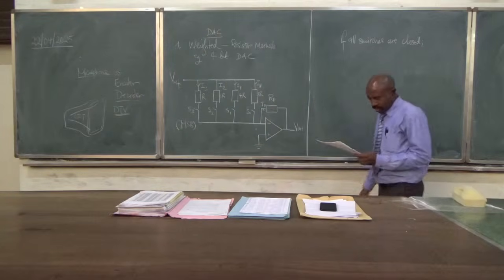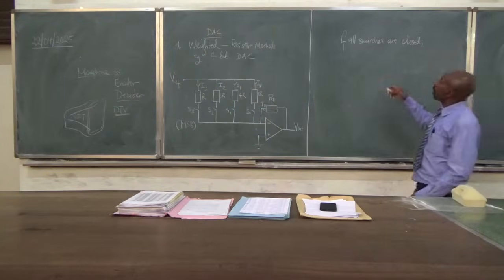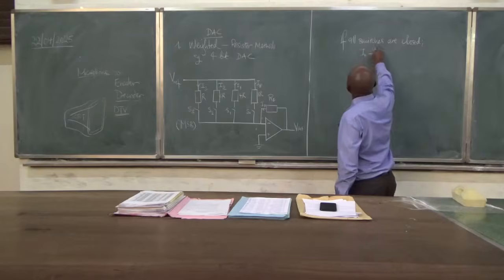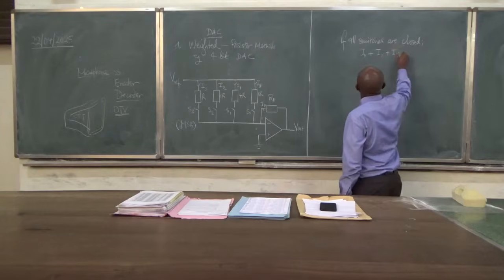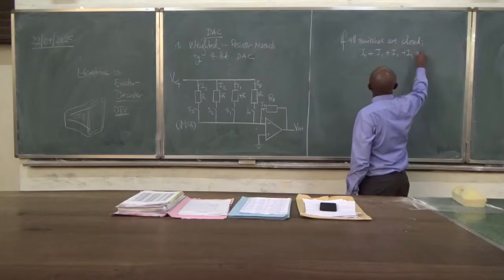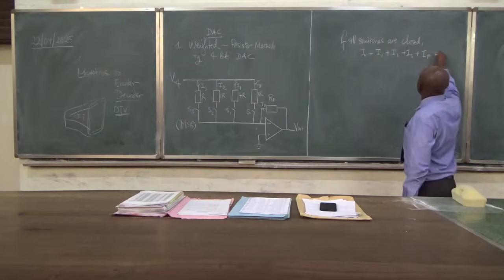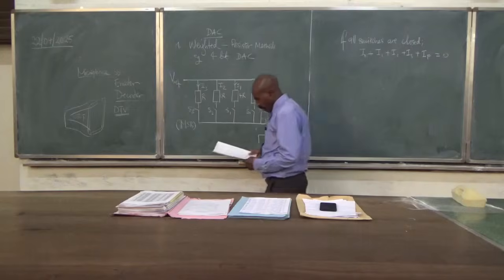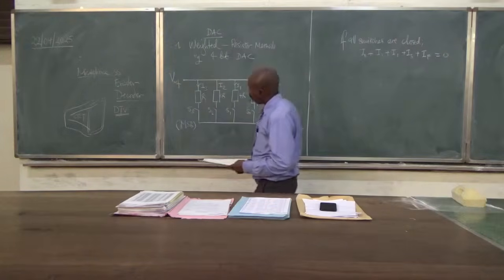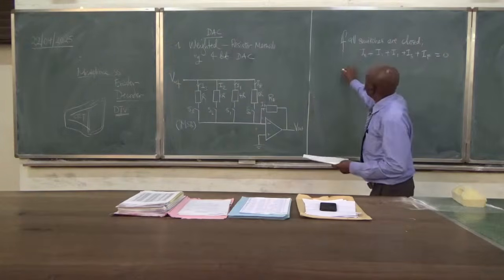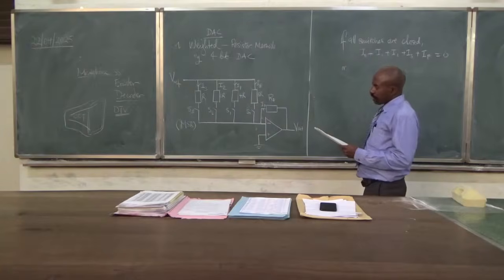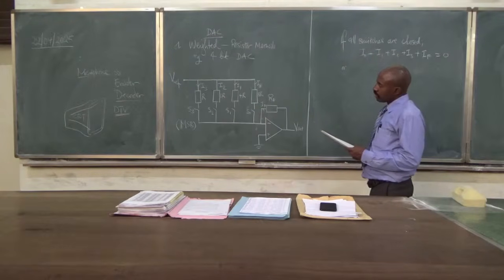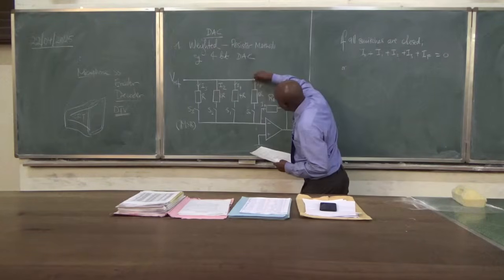I naught plus I1 plus I2 plus I3 plus IF equals... I don't have to explain this. If we consider each of them, I naught is with resistance 8R.